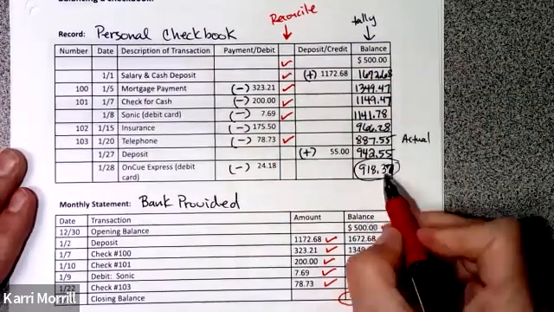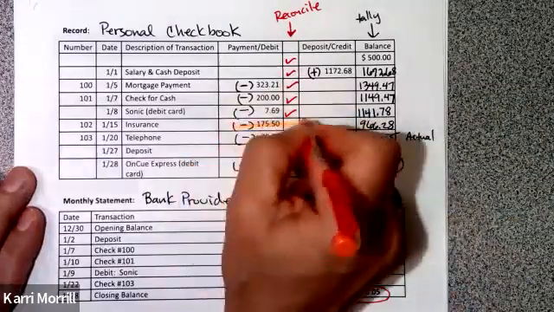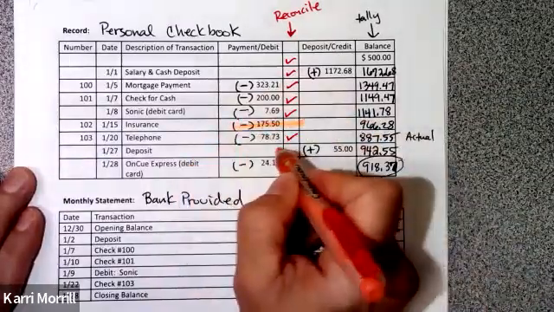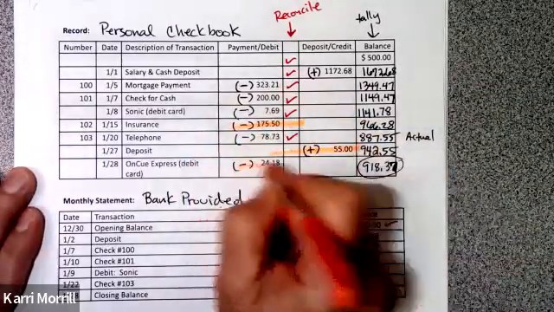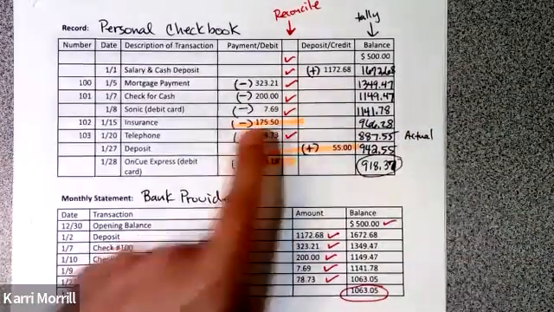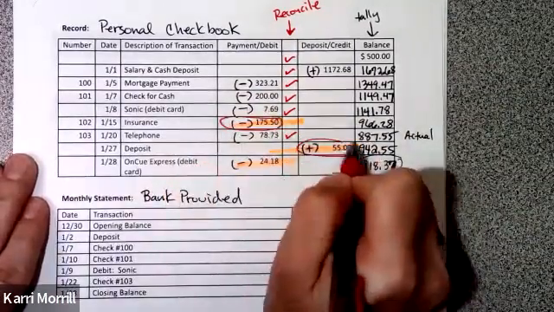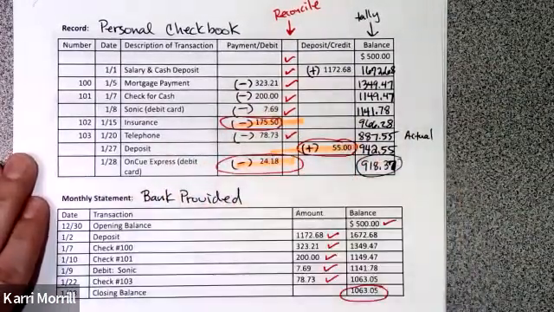That's more money than what we actually have, because we have some items that haven't gone through. Do you guys see that? So what hasn't gone through are the unchecked items. This one, this deposit, and this one. So you can circle it or whatever, but where you don't have check marks, whether it's a debit or a credit, those are the things that haven't gone through yet, those 3 items.